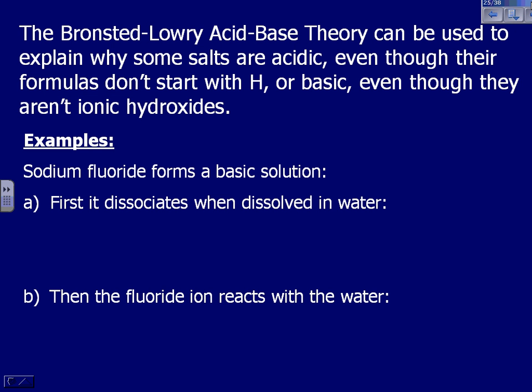Now, you haven't gotten down to the example yet. Just put EG so we can shorten things up. And the example is sodium NaF. And we're telling you it forms a basic solution. We're being nice here. That's okay. You guys are just new at this theory.